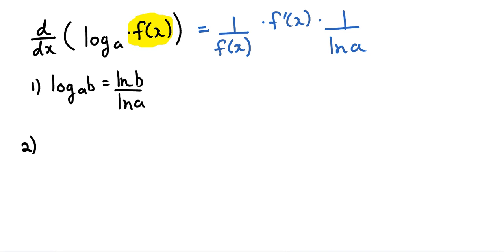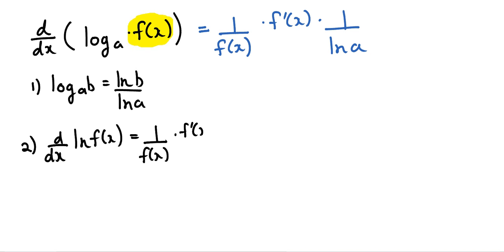And another property that I need to know is if I want to take the derivative of the ln of f of x, we just derived this derivative right here, so that's going to be 1 divided by f of x times f prime of x. Okay, so using those 2 properties, I should be able to finish this last proof here.